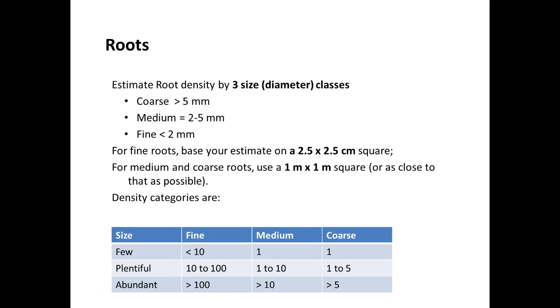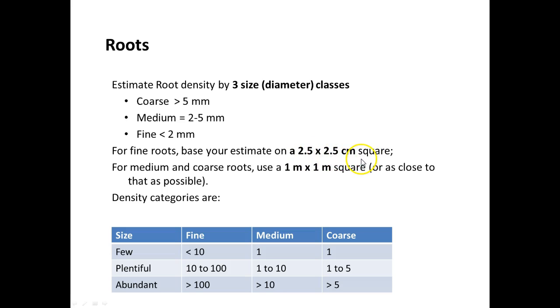Now on to roots. So roots are going to be estimated by diameter class. Coarse roots are greater than 5 millimeters, medium are 2 to 5 millimeters in diameter, and fines are less than 2 millimeters in diameter, not to be mistaken with soil texture. For fine roots, you want to base your estimate on a 2.5 by 2.5 centimeter square.